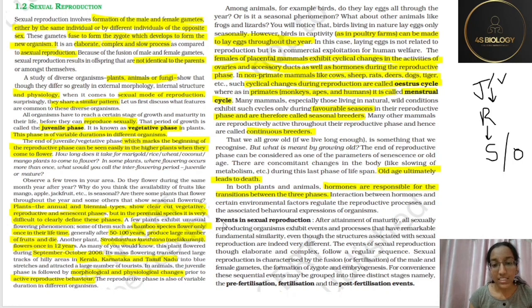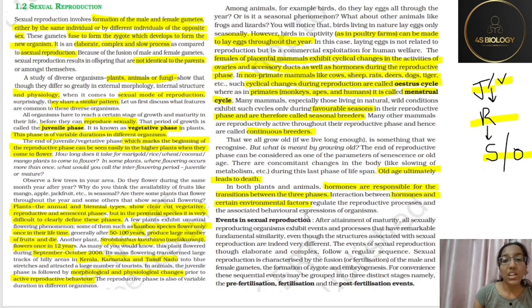Interaction between hormones and certain environmental factors regulate the reproductive processes and the associated behavioral expression of the organism. So the phases are: juvenile or vegetative in plants, reproductive phase, senescent or old age, and after this you'll have death.